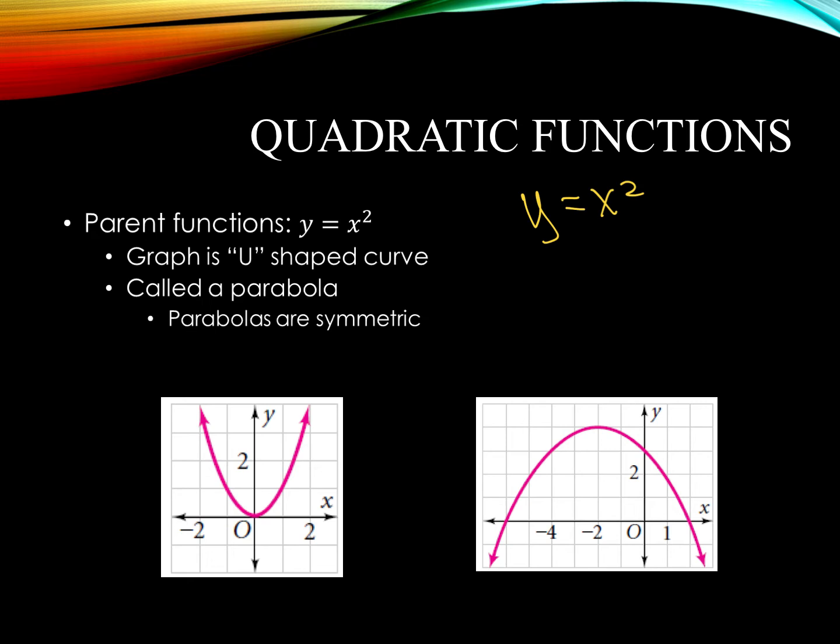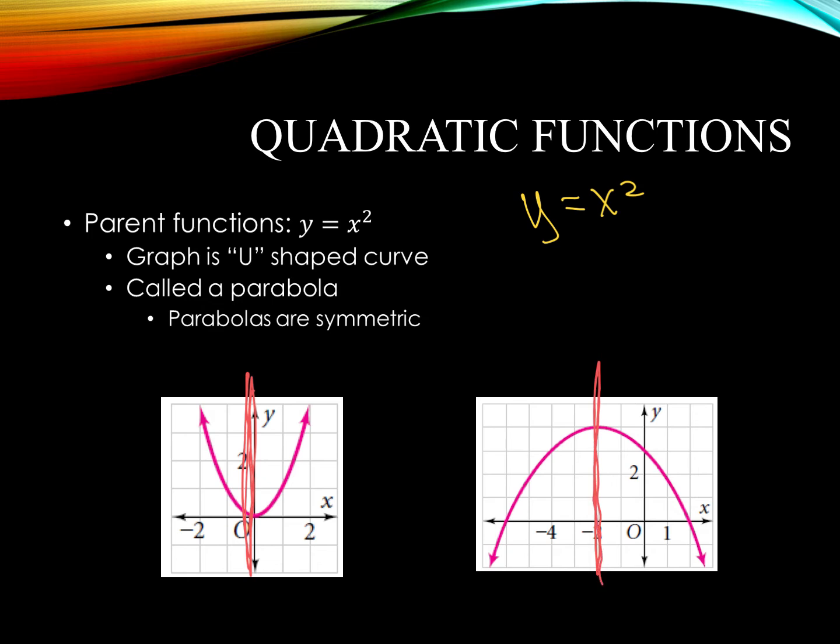If you notice, parabolas are symmetric. Now in this example here on the left, you can see that the graph is symmetric with the y-axis. So if we were to take this graph and split it in half and fold it over, it would be perfectly symmetrical. If I come over to the graph here on the right side, I can draw a line through x equals -2, and this graph is symmetrical through there.